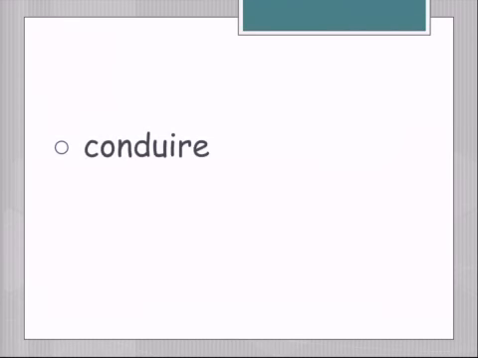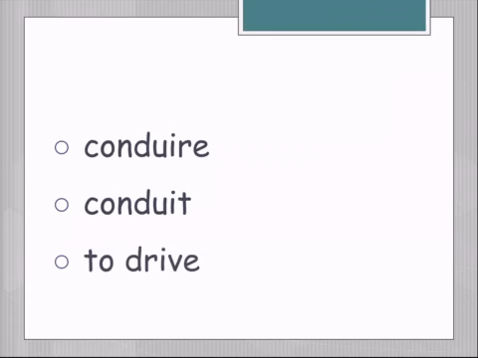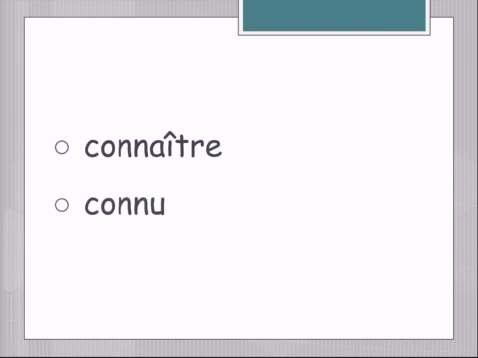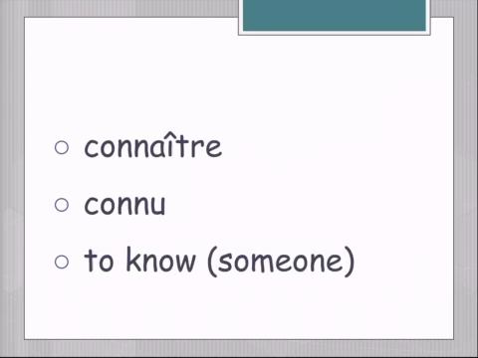Conduire turns into conduit, and it means to drive. Connaître turns into connu, and this is what you use when you know someone. So, j'ai connu Madame Lopez. I knew Madame Lopez.